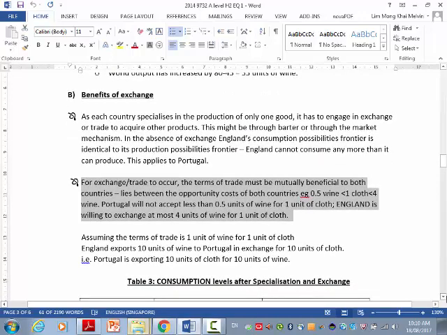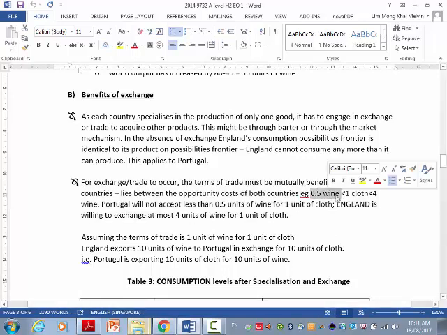And in order for trade or exchange to occur, the terms of trade must be mutually beneficial, and that would have to be between the two opportunity costs. So earlier we highlighted that for your cloth, it's between 0.5 and 4 units of wine. Portugal will not accept less than 0.5, because if I accept less than 0.5, I won't benefit.